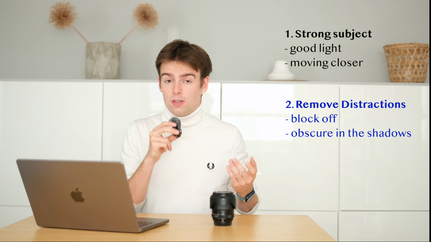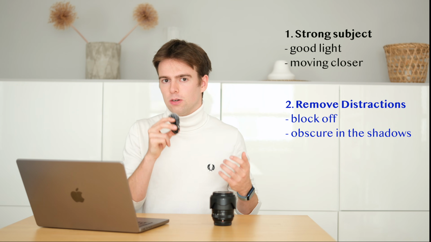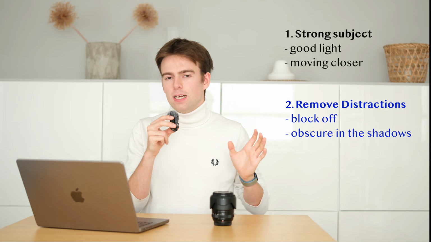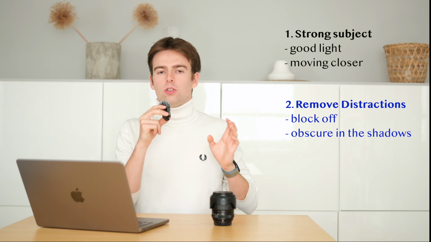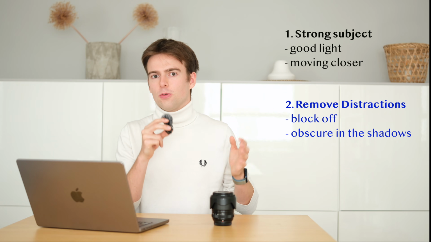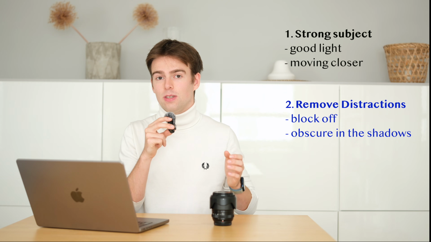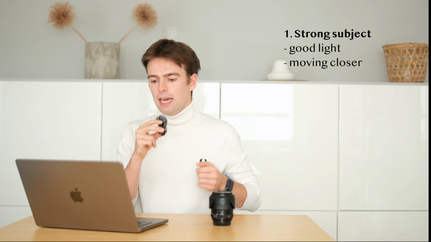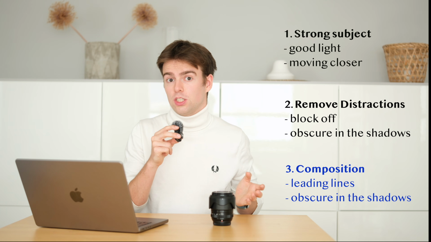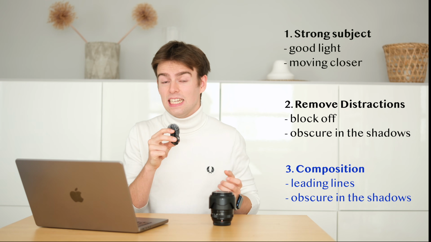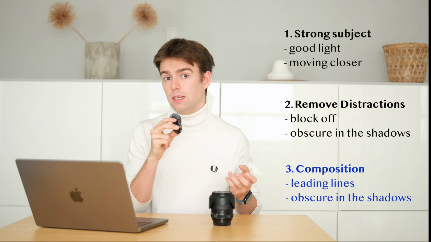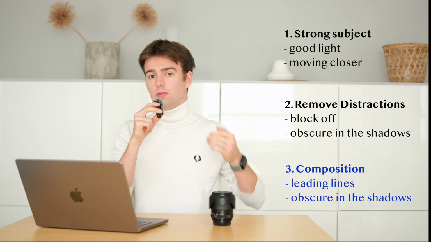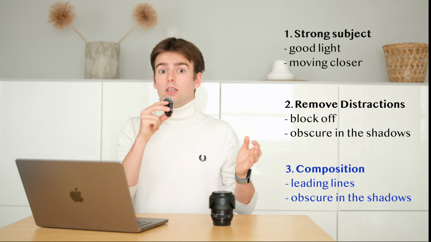Additionally, we have talked about distractions and how to get rid of them, mainly by using this so-called block-off technique, effectively using a fence, a wall to cover up a part of your scene, therefore removing distractions and actively guiding the viewer's eye toward a part of your scene that's more interesting. And finally, we have talked about composition and how particularly leading lines are useful in your 28mm photography to guide the viewer's eye toward the center of your composition and toward your subject.